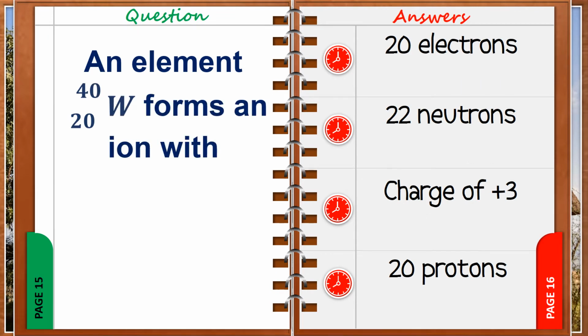An element W forms an ion with 20 protons.